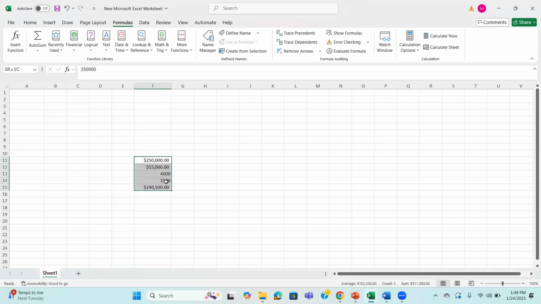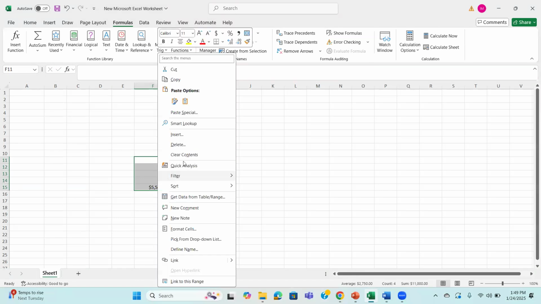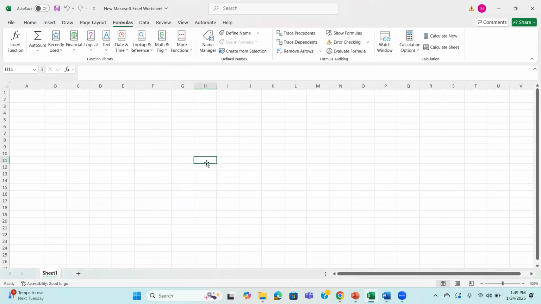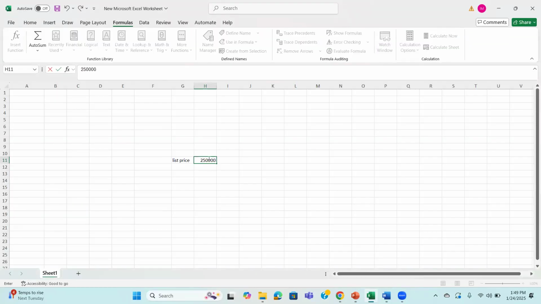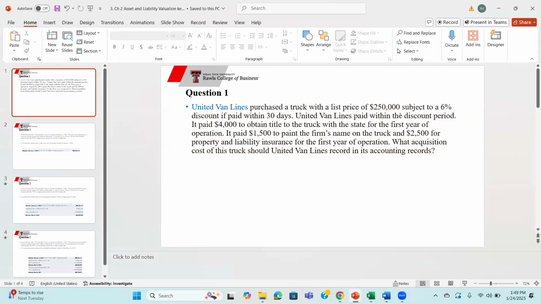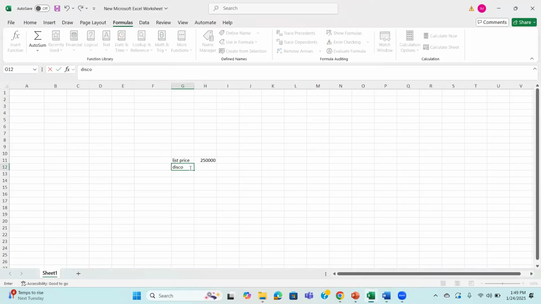So our list price, all right, and then we have a 6% discount period window. So we are getting the discount for 6%.